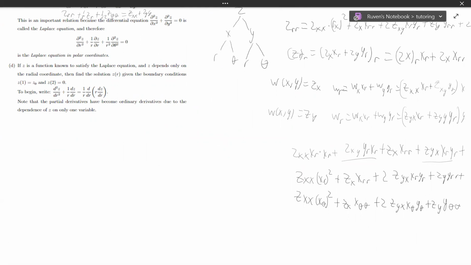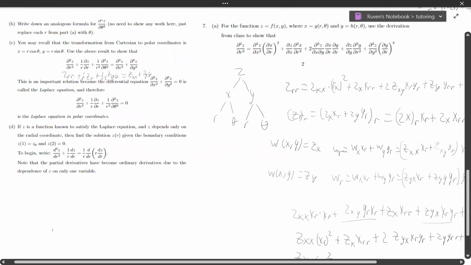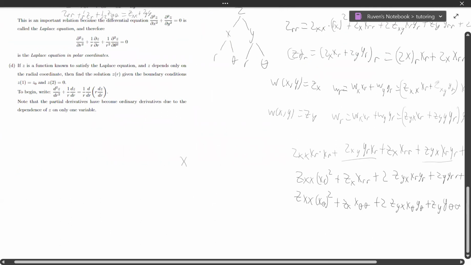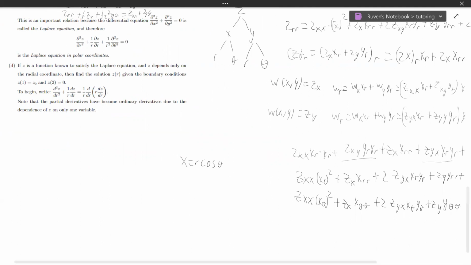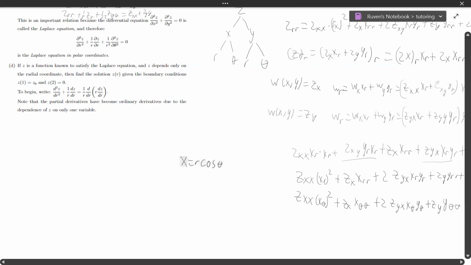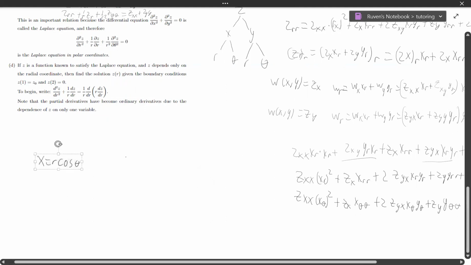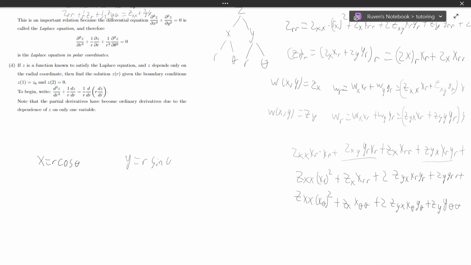So we're going to start finding those. We have x equals r cos theta, and I'm going to move this because I like x to be on the left. And we have y equals r sine theta.